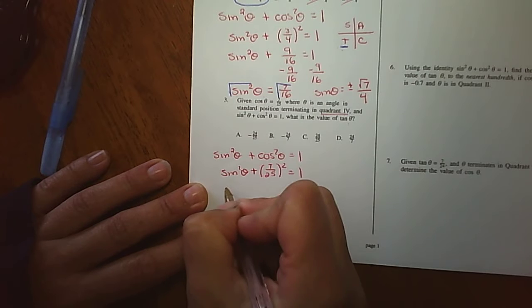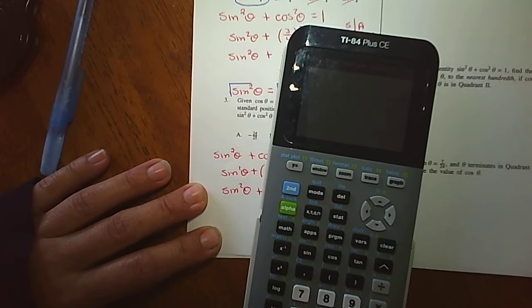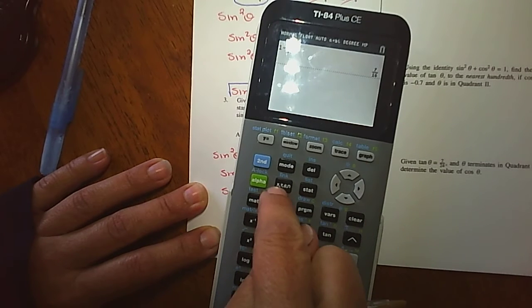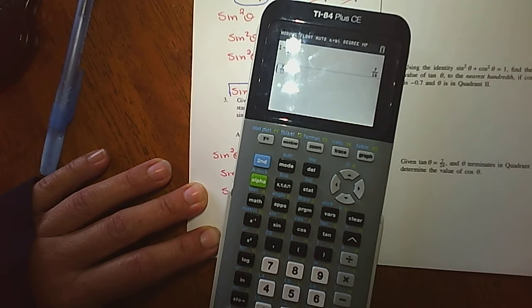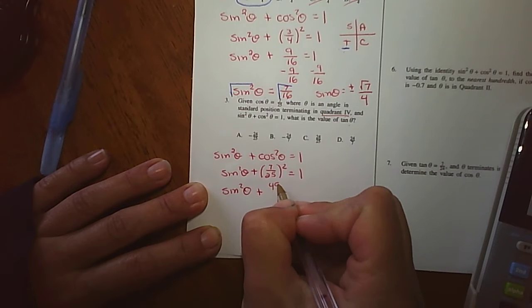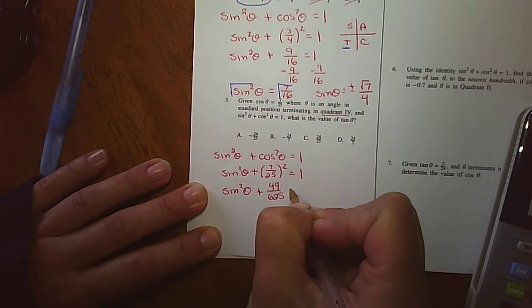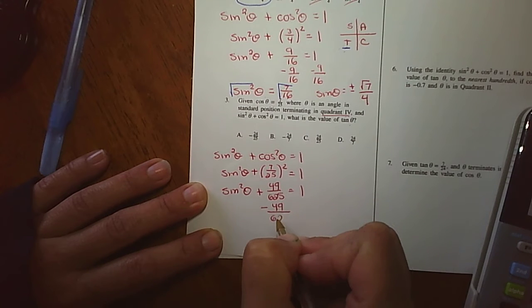Then I get sine squared plus, and you could just do it in your calculator, right? We're going to do parenthesis, fraction, 7/25, square it. We get 49/625. Then subtract that over.